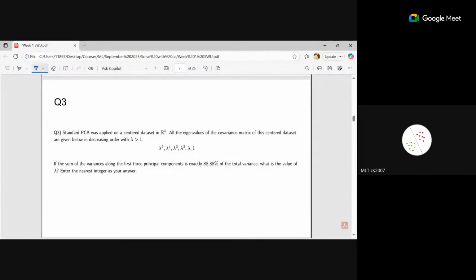They are the eigenvalues given to you, in decreasing order. If the sum of the variances along the first three principal components is exactly 88.88% of the total variance, then you need to find the value of lambda. I'll give you some time to think about this question. Maybe we'll discuss in a couple of minutes.